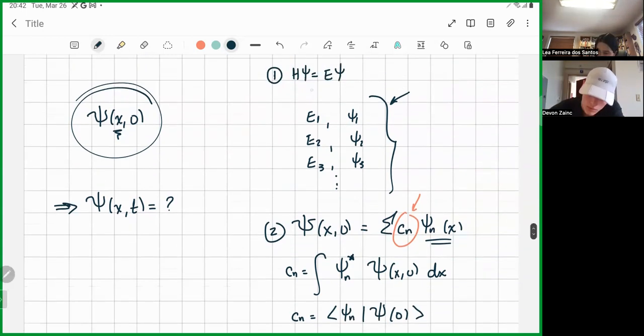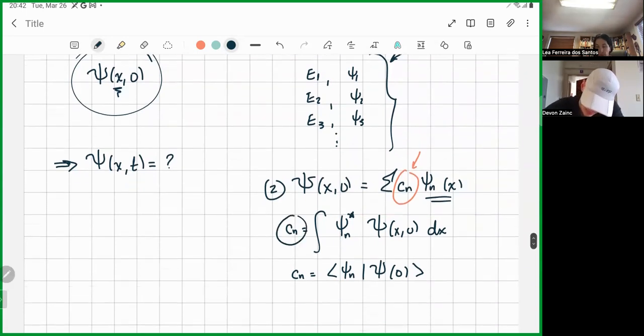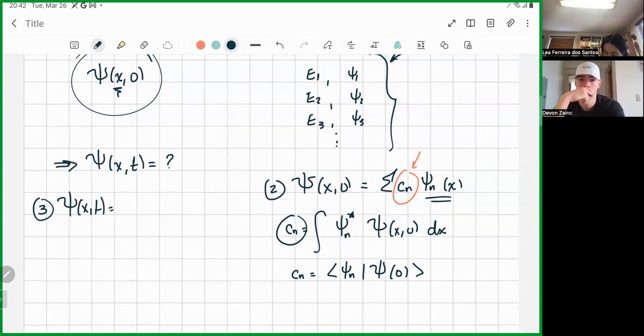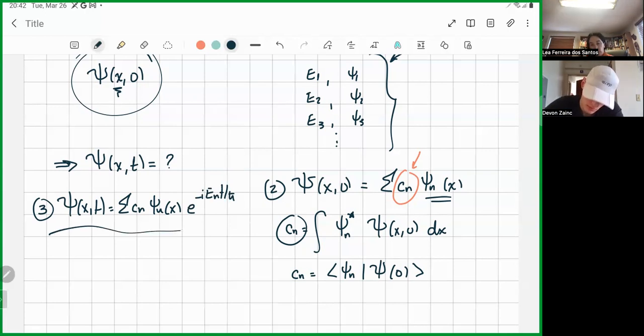So first step, solving Schrödinger's equation. Second step, getting these components. And then we are basically done, because the last step is that the evolution will be that sum that we found, and now we attach to it those energies, the time dependence of the problem, and we are done. I'm sure you remember this. You've done this many times, and that's exactly what we are going to do today, but not with functions.